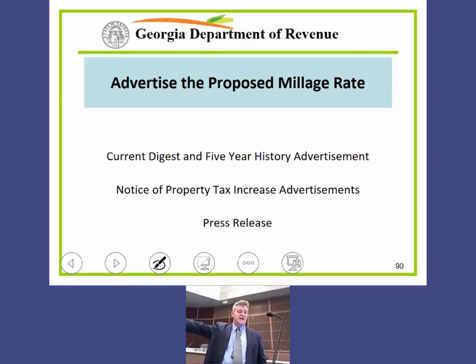But if there is a tax increase, as we define it, the current year millage rate greater than the rollback rate, then we have to do those 3 advertisements and hold the 3 public hearings. And also, if there's a tax increase, a press release has to be submitted to the local media.